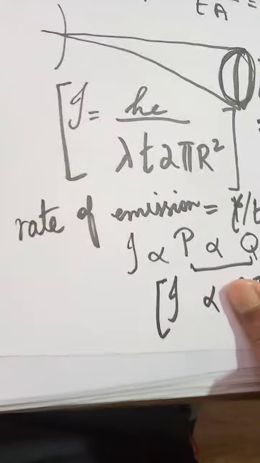If we put it in terms of what the book is saying, we would get the following. I equals P over A, IV over A. Q, because Q equals I delta t.